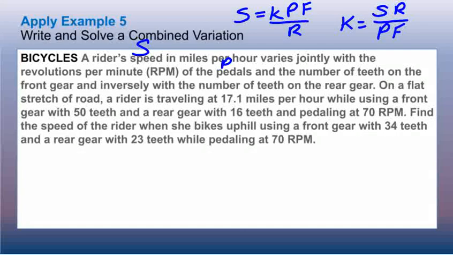So if I plug these in here, on a flat road, a rider is traveling at 17.1 miles per hour, while using a front gear with 50 teeth, so the F is going to be 50, and a rear gear with 16 teeth, so that would be 16 on top, and pedaling at 70 RPM.